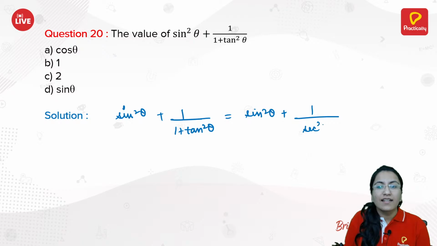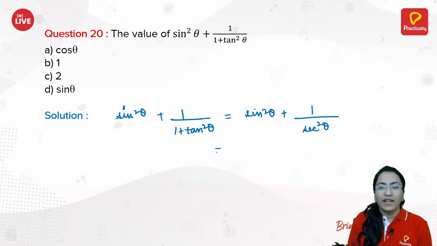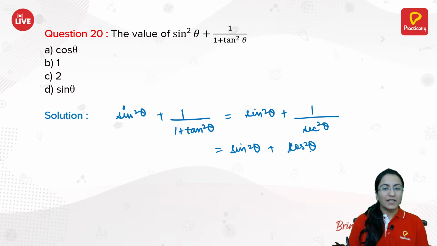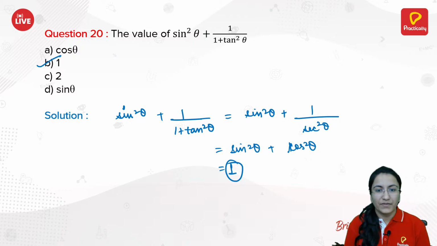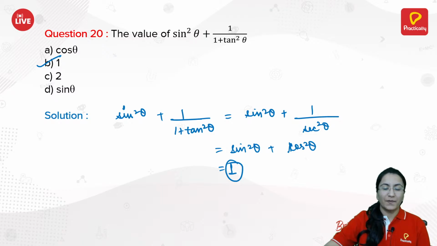So it is sine square theta plus 1 by secant square theta, which is cos square theta. So sine square theta plus cos square theta, by identity, is 1. So option B, 1, is the correct answer.